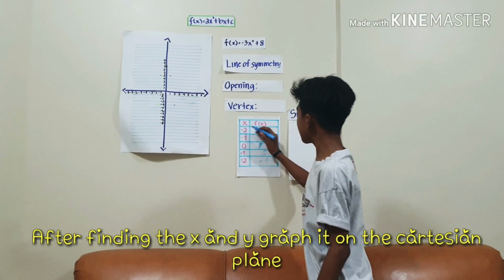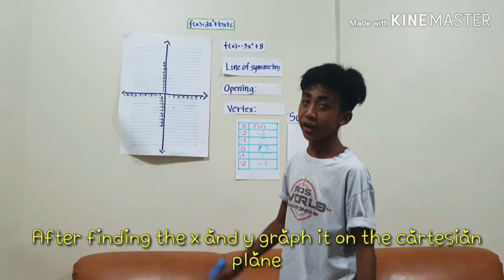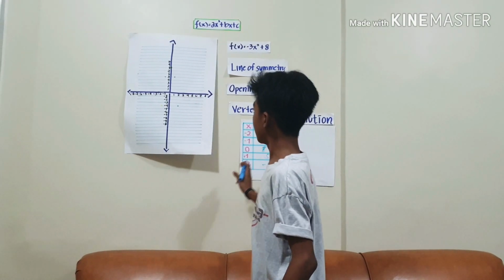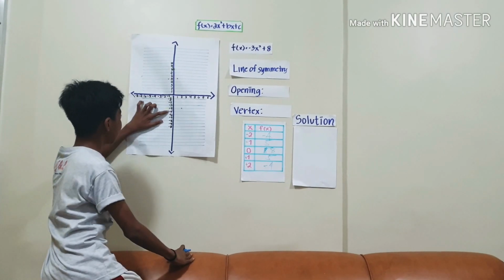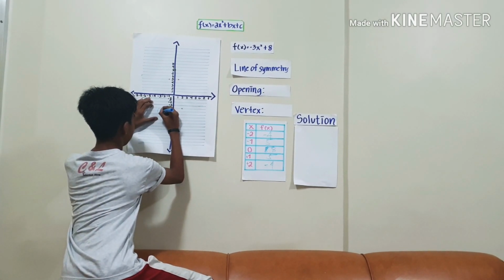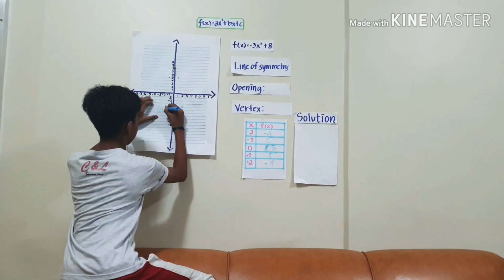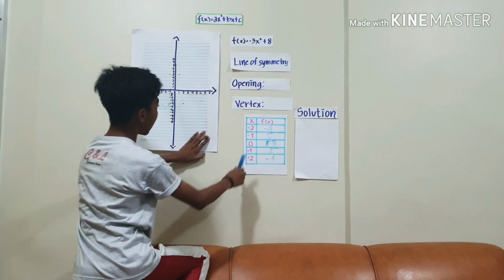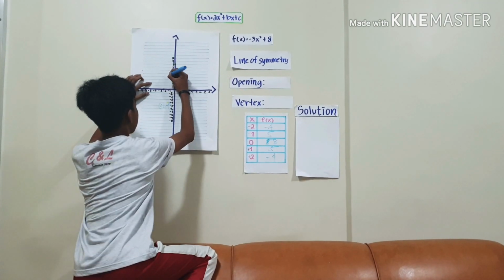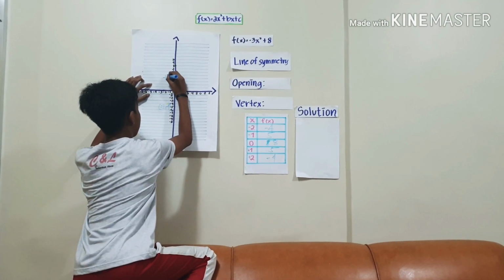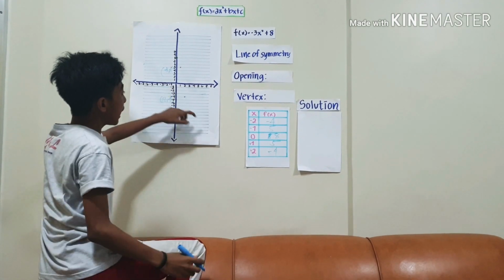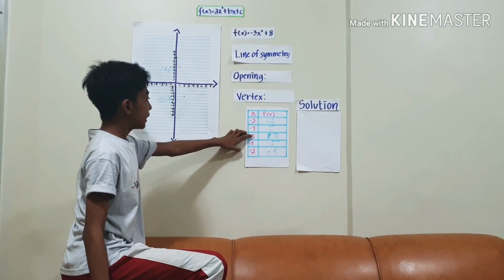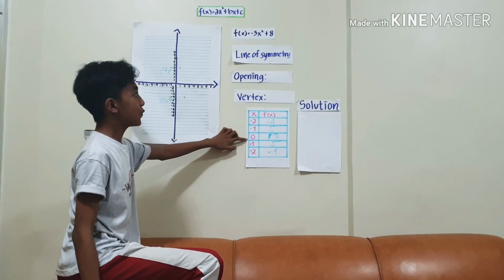After finding the x and y, graph it into a Cartesian plane. First, negative 2 and negative 4. So, it is this. And next, negative 1 and 5. And the third is 0, 8, which is where x equals 0, the line of symmetry.